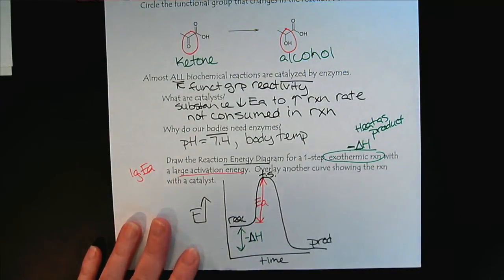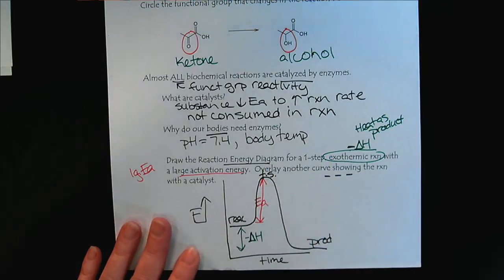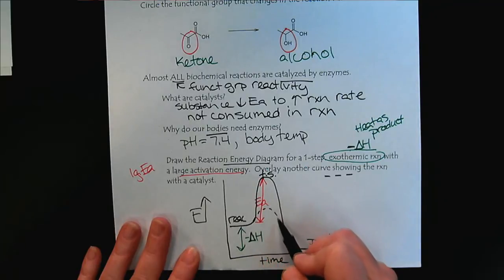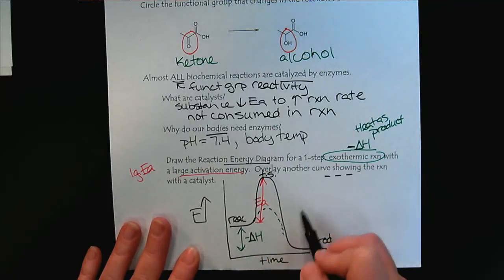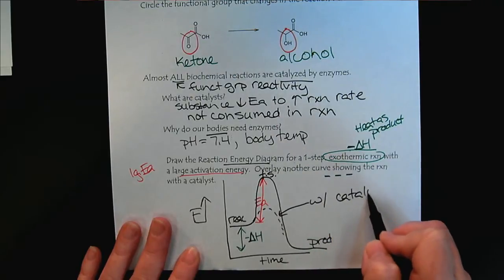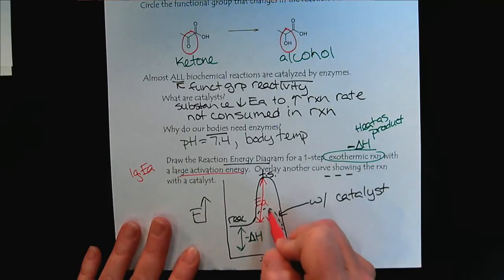Okay, so now let's overlay a second curve. We'll use a dashed line for the catalyst. So what the enzymes or the catalysts do, we remember, is they lower that activation energy. So now we have a much smaller activation energy.